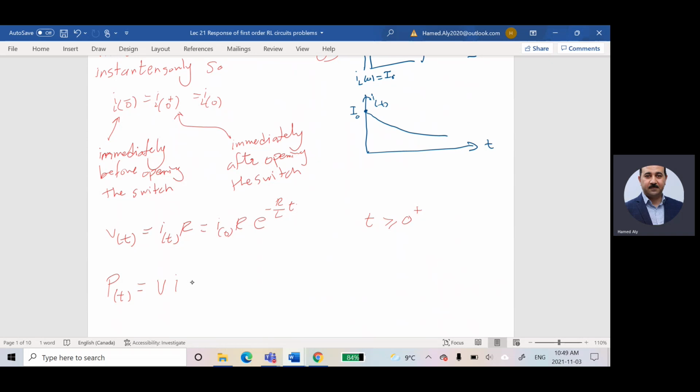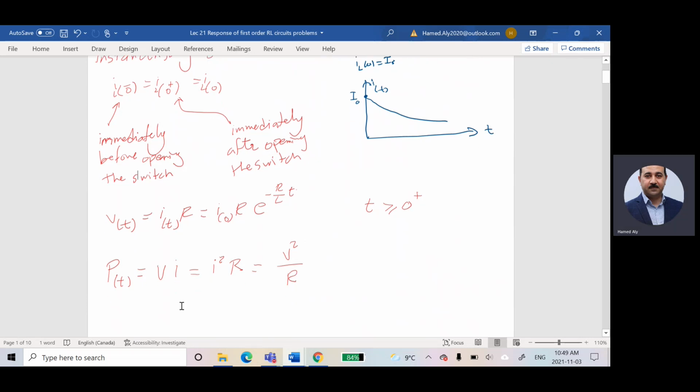Or I can say this power is equal to I squared multiplied by R. Or I can say this is equal to V squared divided by R. This is the power. So if you would like to find the power, it is I squared multiplied by R, or V squared divided by R, or V times I.